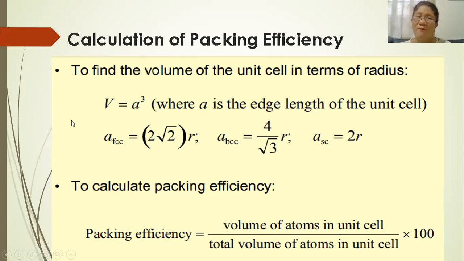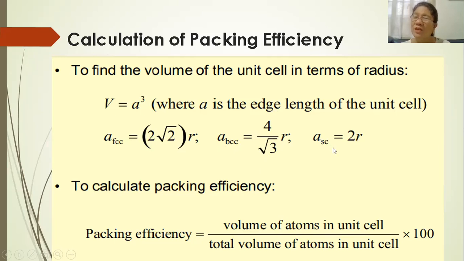That is why the volume of the unit cell will differ in these 3 forms: the SC, the BCC, the FCC. So for the edge of the face-centered cubic, you will have the formula 2 multiplied by the square root of 2 multiplied by r. For the body-centered cubic, you will have 4 divided by the square root of 3 multiplied by r.